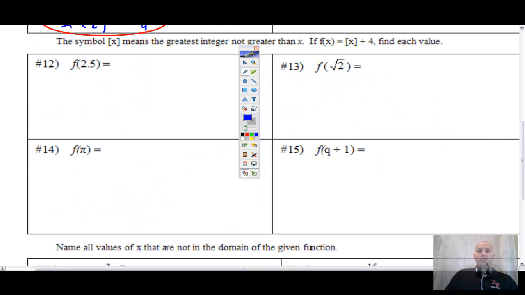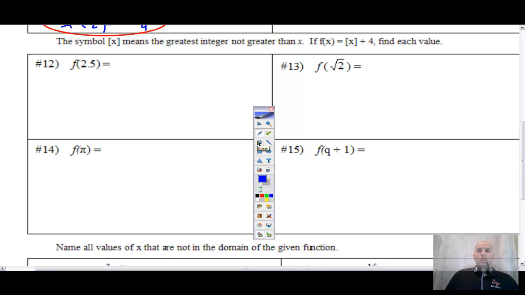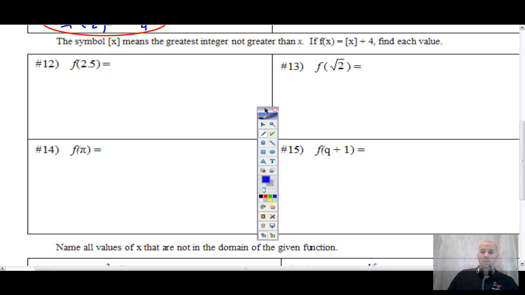Problems 12 through 15, we're supposed to find f of x equals the greatest integer not greater than x, plus 4. Pay attention to the work for this because it will be marked incorrect on a test if you do not show your work correctly. So we have the greatest integer not greater than 2.5.